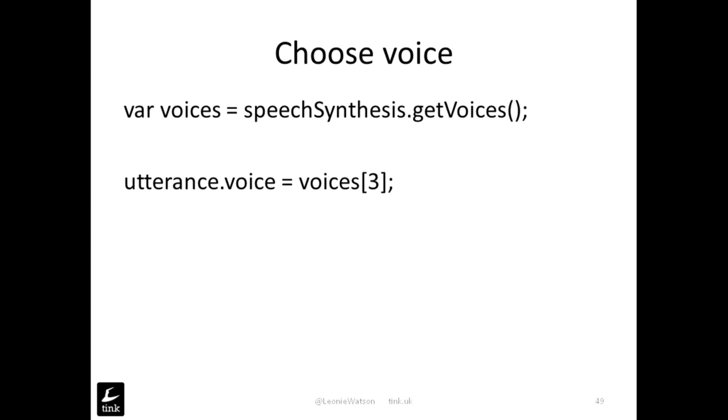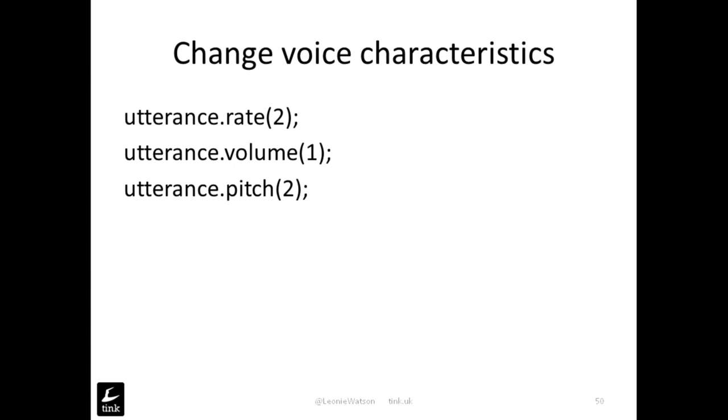There are usually male, female voices. There'll be voices for the locale and region that you're in, which will probably be the default ones. You'll also probably get American English, since that's fairly ubiquitous on most platforms, and a whole bunch of other languages as well. Some platforms, I think Google Chrome in some situations, has some really silly TTS voices as well, that are kind of like Klingon or something ridiculous like that.